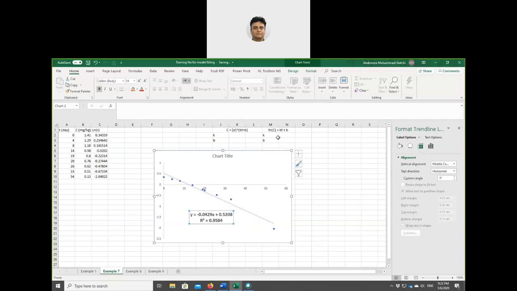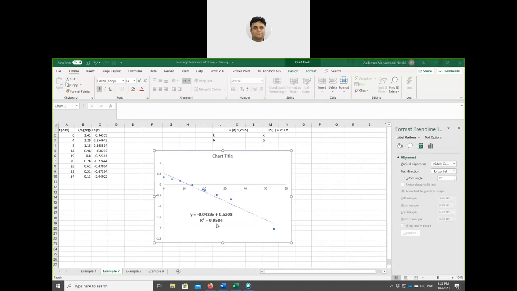This is k, and this one is b, and r square is 95. It's okay. It's more than enough for our regression, and the regression is valid.